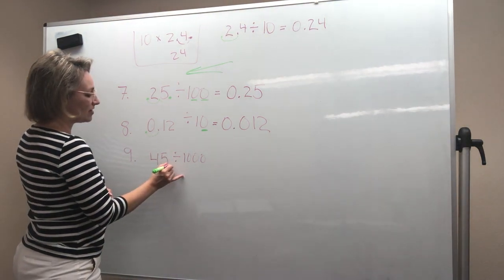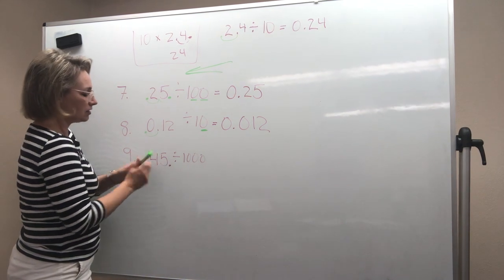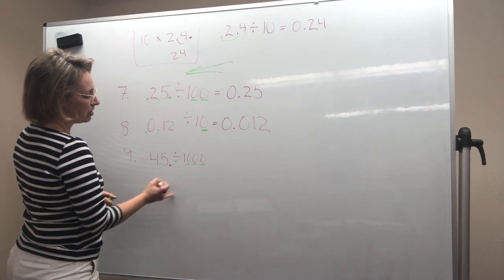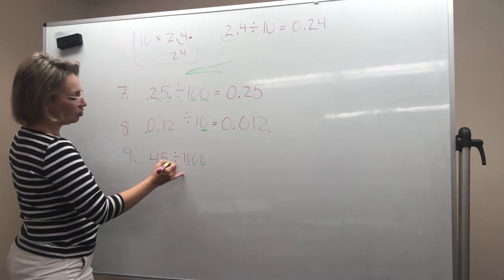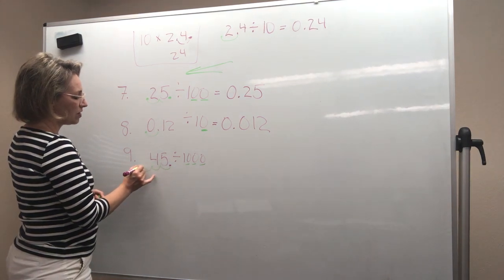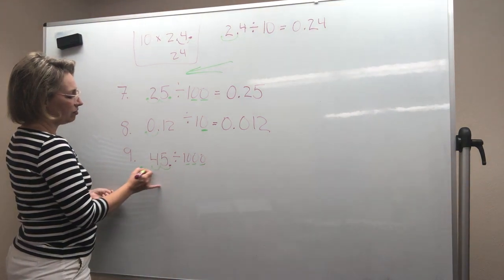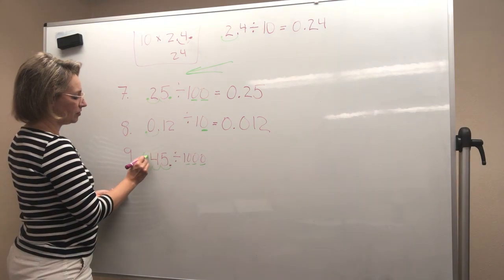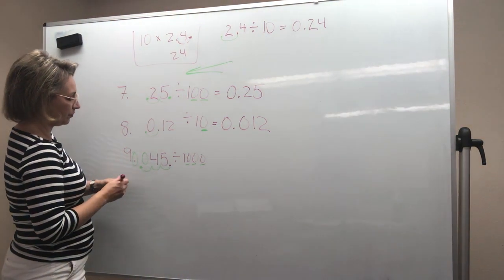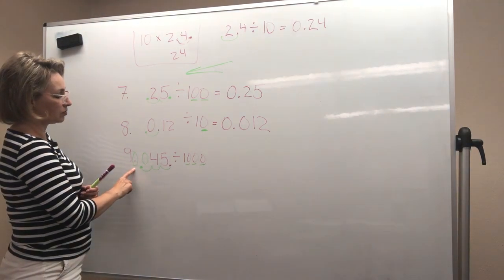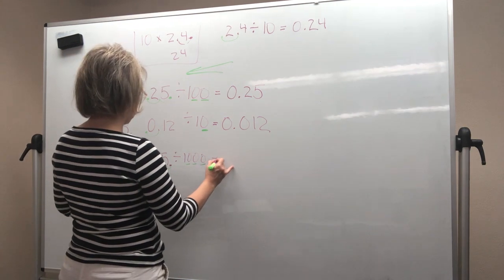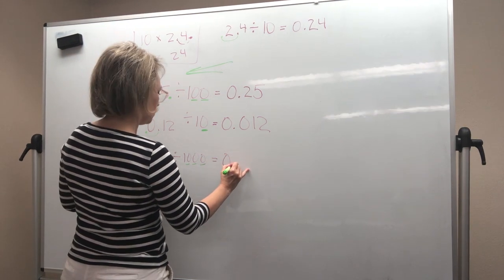So it would go right there at the end of the number, right? So how many zeros out here in this tens number? 1, 2, 3. So I have to move my decimal 3 places to the left. Notice I'm moving it through the air out here. There's nothing here. I'm going to have to fill in a 0. And remember, I put the 0 in before the decimal as well to show that there's nothing in the whole numbers place. So just move it 3 place values to the left. So the answer is 0.045.